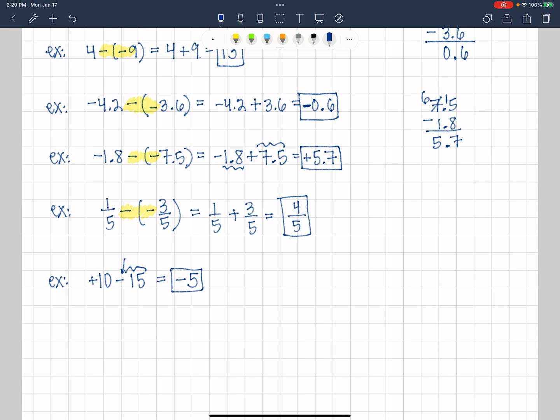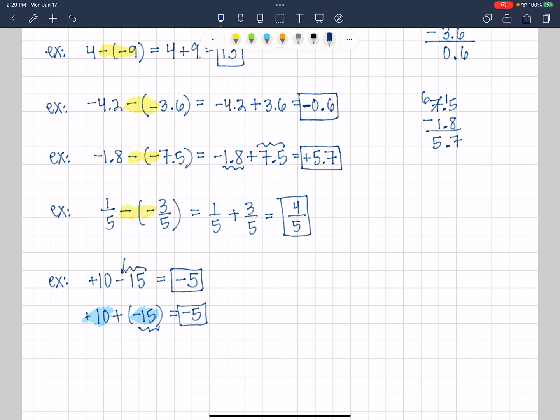Now notice how I did that without rewriting it as 10 plus -15. If you need to rewrite it as 10 plus -15 and then go through that process of seeing that 10 is positive, 15 is negative, 15 minus 10 is 5, 15 is the larger value, it's negative, you'll notice that we get the same exact answer.